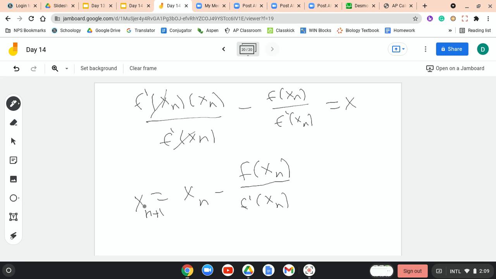So the x-coordinate I found with this equation, we can label it x sub n plus 1 because that's the next x-coordinate we're going to be using in Newton's method. So this equation tells you what the next x-coordinate you're going to be using is if you know what the x-coordinate you currently are at is, all right? And it tells you the next x-coordinate is the first x-coordinate minus the function at the first x-coordinate divided by the derivative at the first x-coordinate.